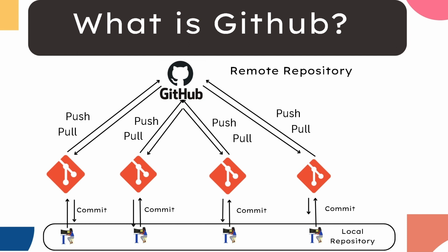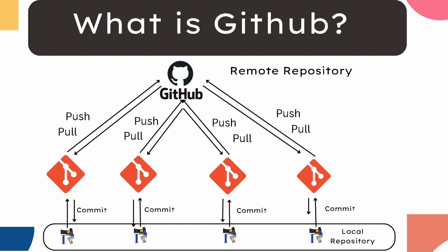From this diagram, you can see multiple developers working. You can see the 4 developers are working on some local repository. This repository is the same repository which is there in GitHub. Developers cloned that repository, copied it to their local, and started working on it.